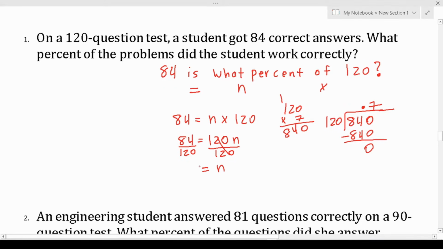So we can see there's no remainder. N equals 0.7 in this case. In math, it's customary to write the variable for which you solved on the left. So this is n equals 0.7. As a percent, that's n equals 70%. In other words, 84 over 120 is 70%.